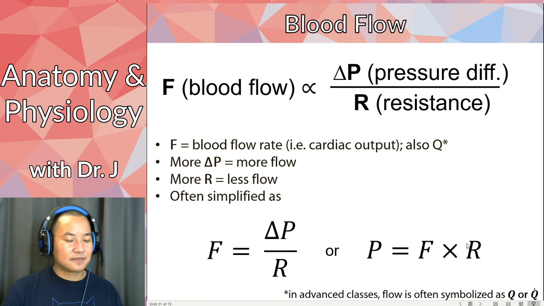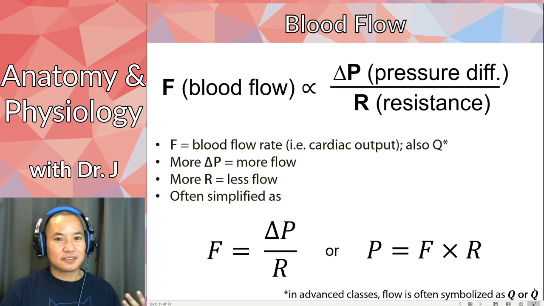And this is one story I heard of why blood flow is sometimes called Q: because of PQR, based on that formula. I know, not very satisfying, but that's probably the most believable explanation I heard in terms of why blood flow is sometimes abbreviated as Q or Q dot.